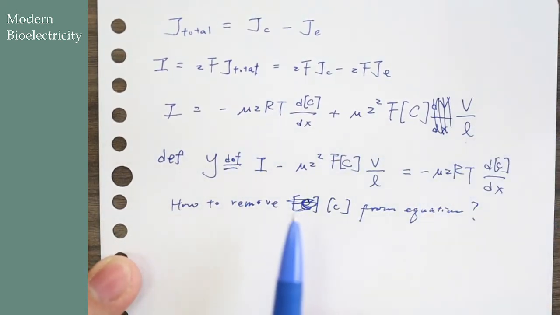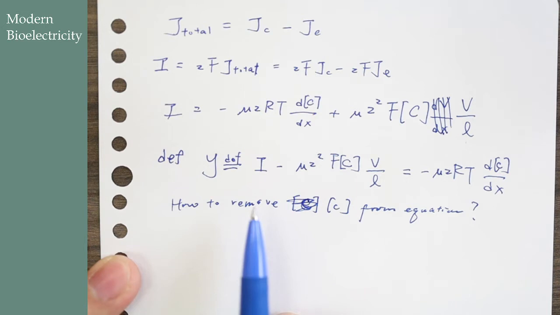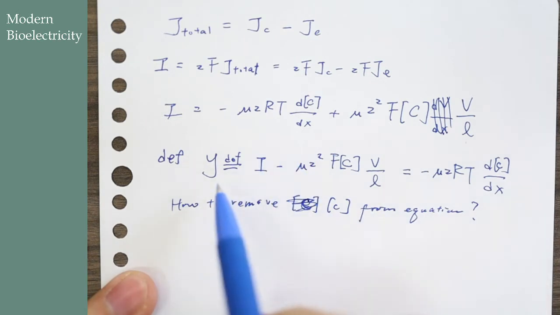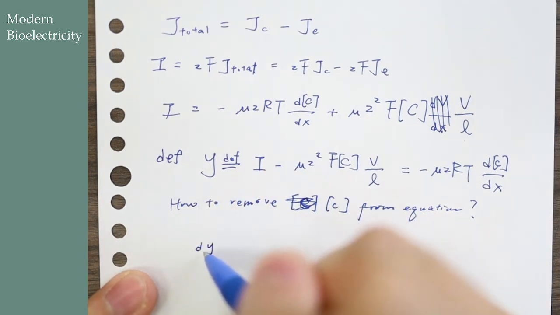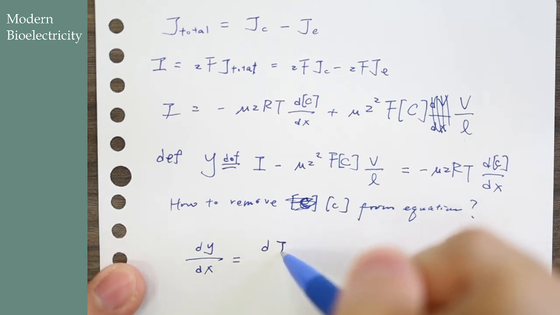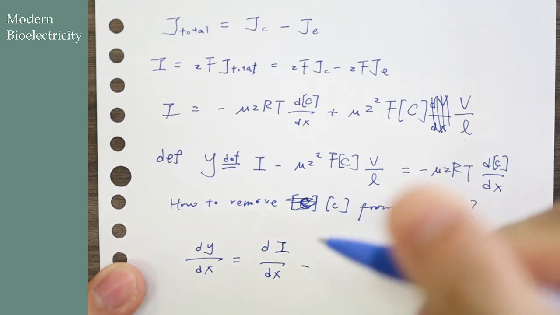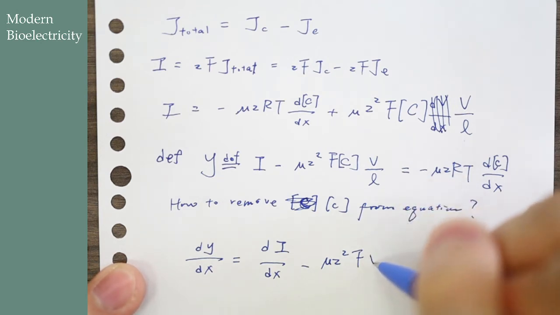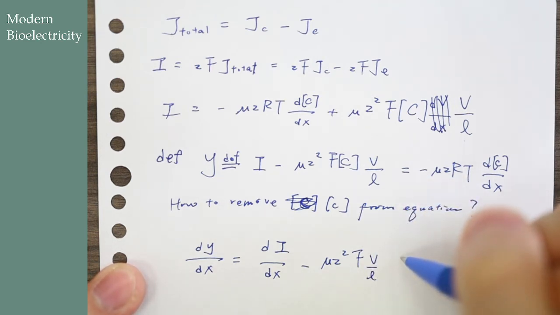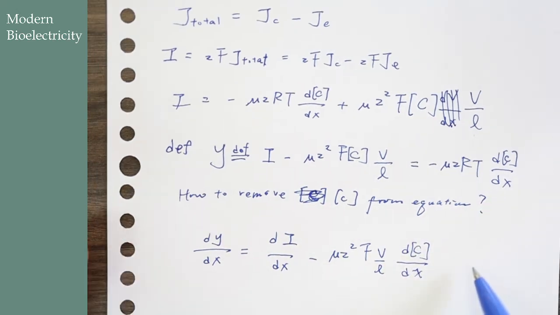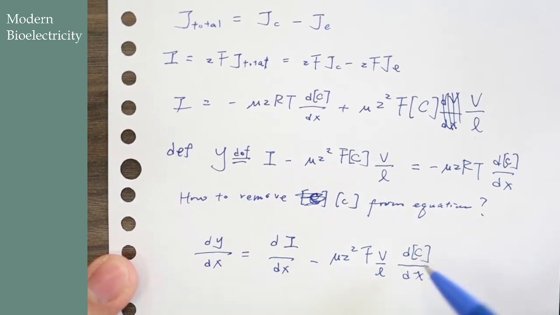We use some differential of this Y. Y is here, so we have dY dx is equal to dI dx minus mu Z square F V over L times dc dx.